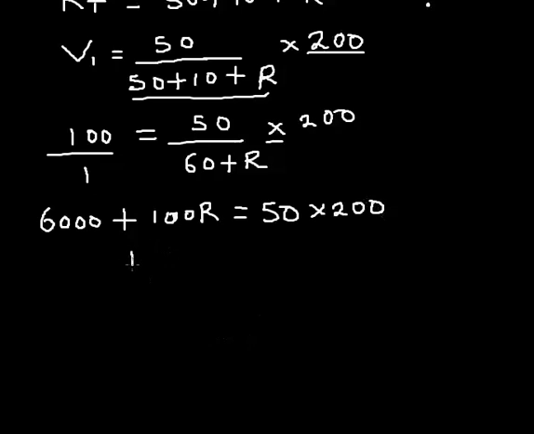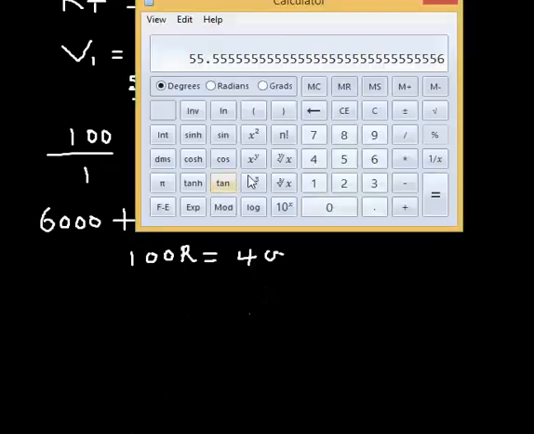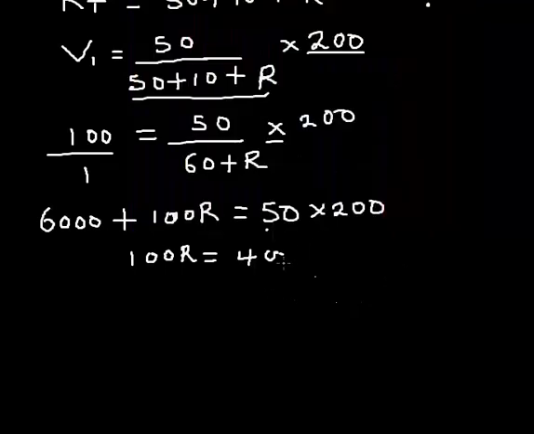So in this case, now I'm going to have 100 R equals 50 times 200. Okay, please pardon me. 50 times 200 is 10,000, not 4,000.